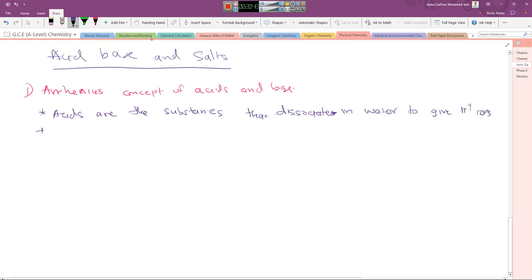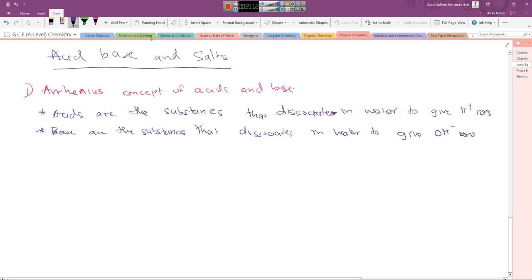And similarly, bases are the substances that dissociate in water to give OH minus ions.